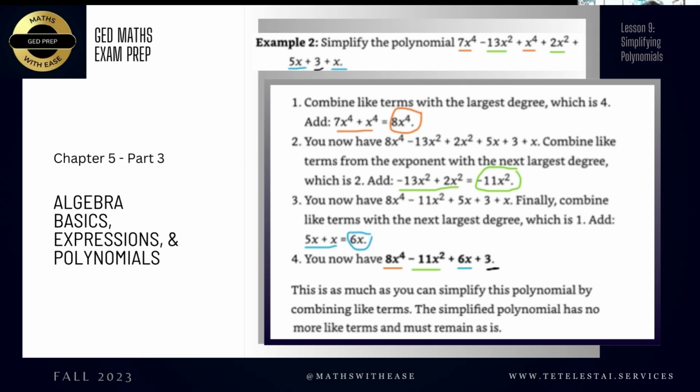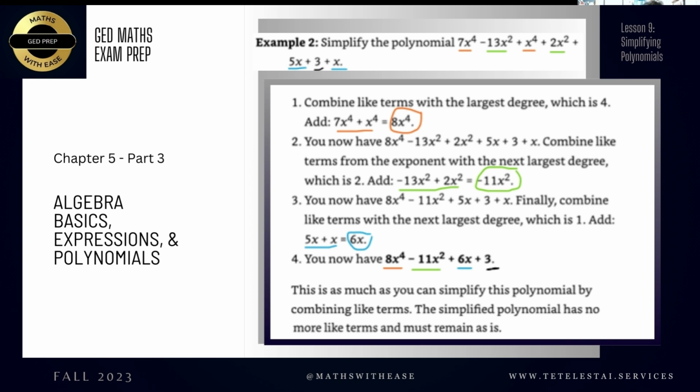You want to start by combining the like terms with the largest degree, which is 4. Here we have one term raised to the power of 4, and another term raised to the power of 4, so we're going to combine those two terms. 7x raised to the power of 4 plus x raised to the power of 4 is 8x to the power of 4.